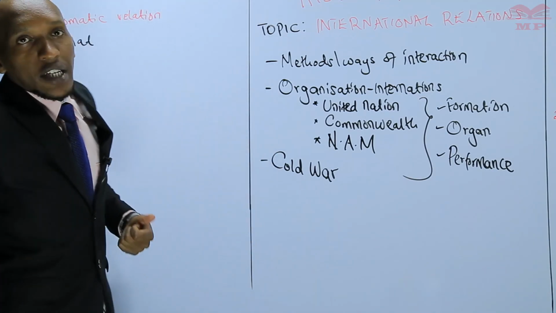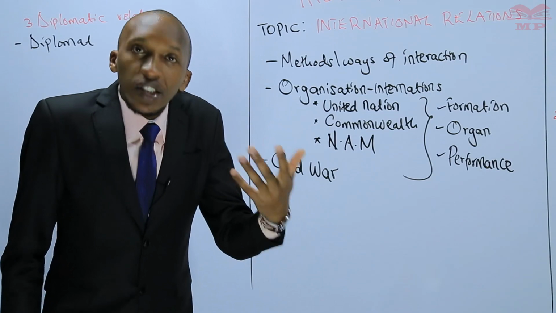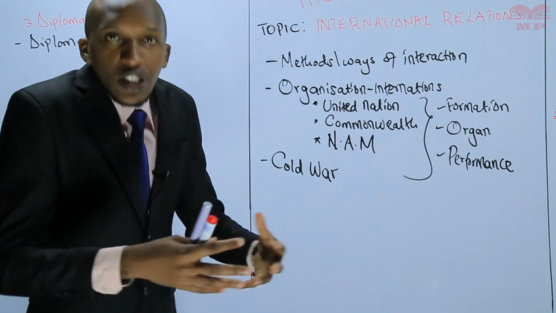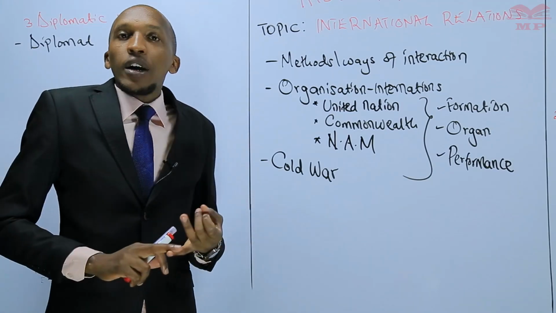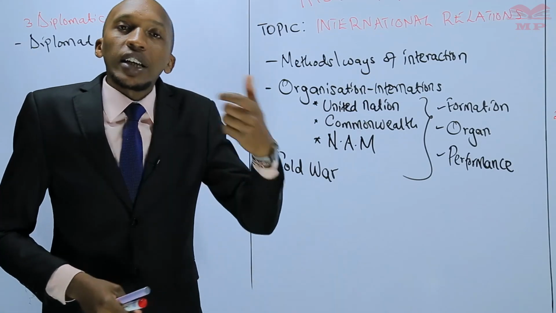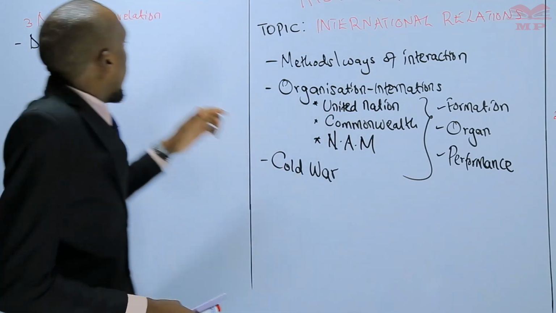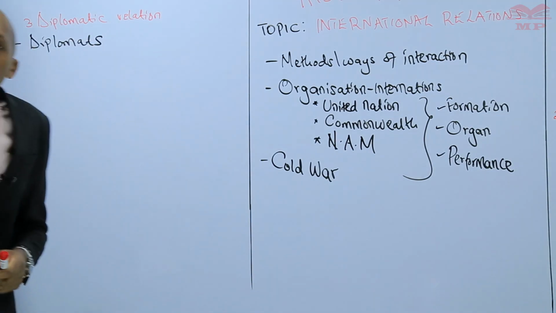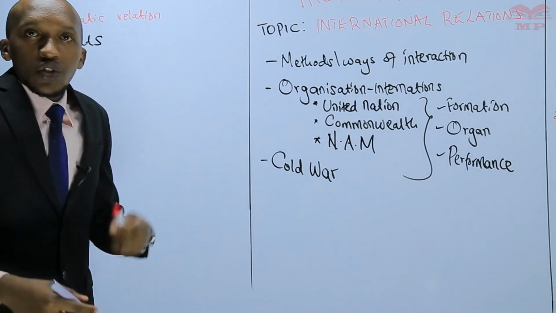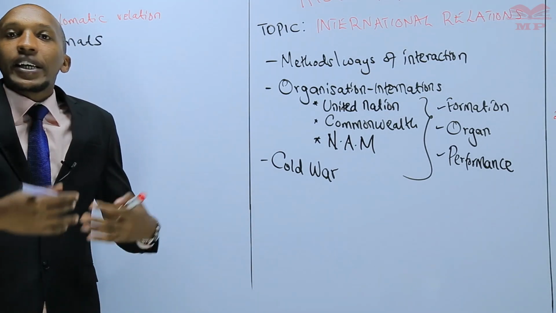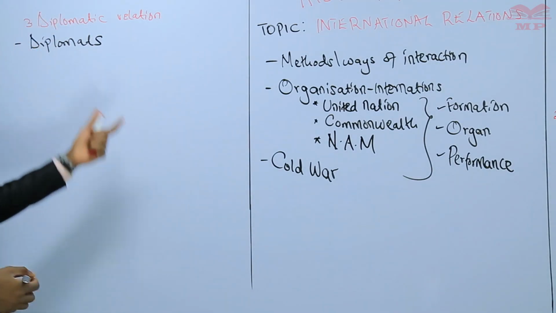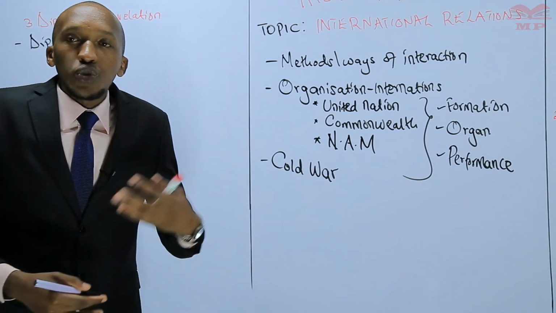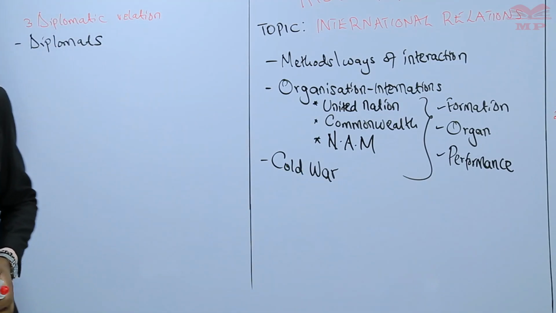Kenyans, we shall send ambassadors to other nations so that they can represent us in those nations, market what we have, and also find ways in which we can interact with other nations. So that is diplomatic relations. So diplomats were sent from one nation to the other. These made sure that in case there is a problem, these diplomats or ambassadors or high commissioners could be able to solve the issues that could have arisen.